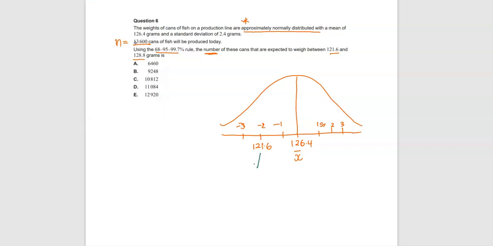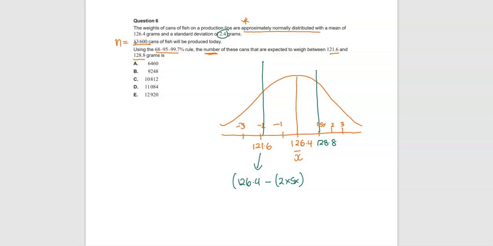So that number was the mean minus 2 of the standard deviations, which was 2.4. And then it also said between 128, which is actually just one standard deviation up. So really, we want to know how many of the weights of the cans of fish weigh between here.